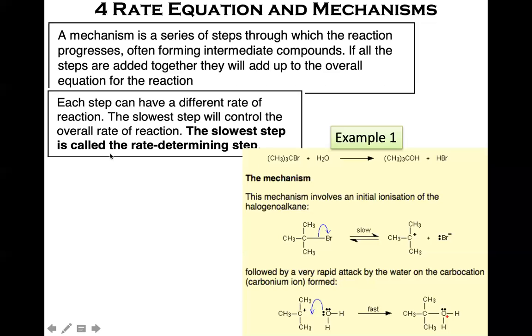The term is frankly not new, because you have come across it in AS: whenever you see a slow step in a mechanism, we call this the rate determining step. You need to be familiar with that term, RDS. In the mechanisms that I drew for you in your AS organic topics, I wrote it down as RDS, rate determining step. So the moment you see RDS, you know that step is the slowest, and the rest are faster.